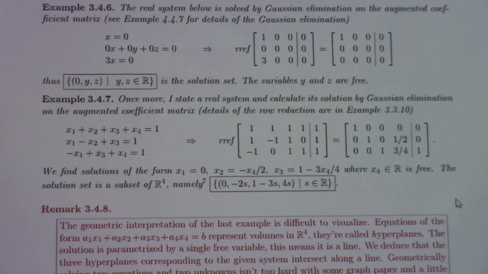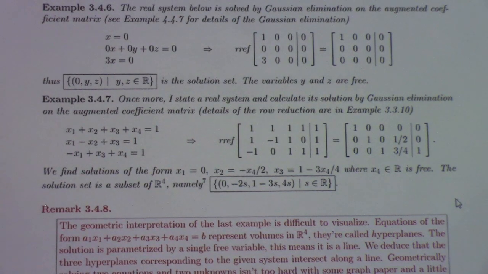Of course, it's interesting when the columns are not linearly independent. Let's see if I have an example of that. Well, here's one, sort of. This is 3 equations in 5 unknowns, right?